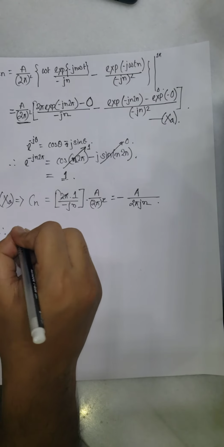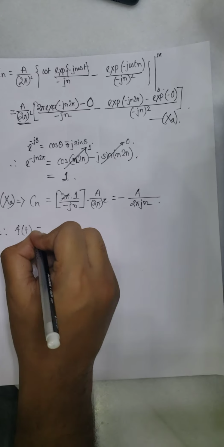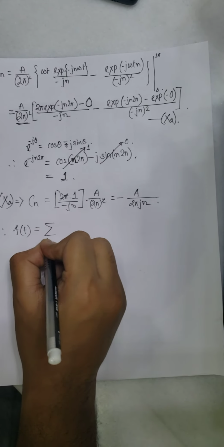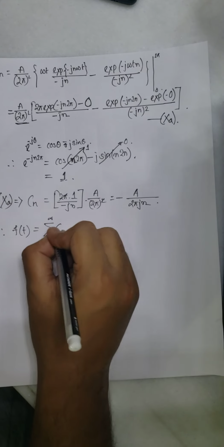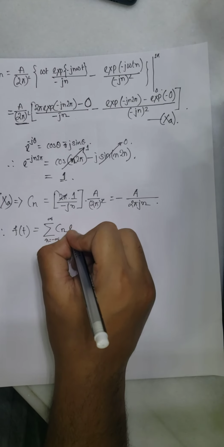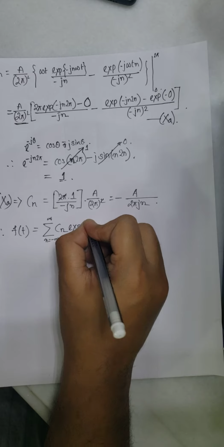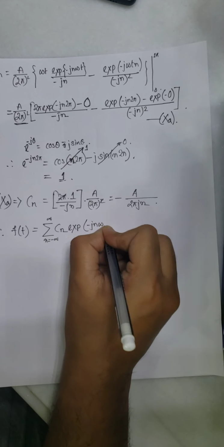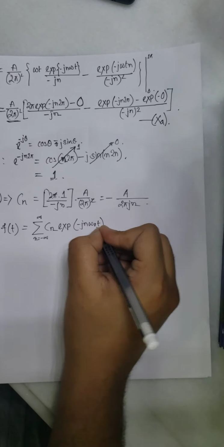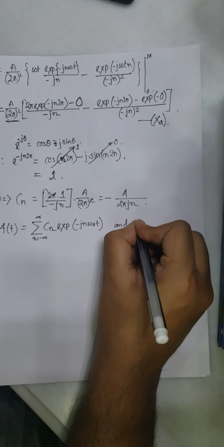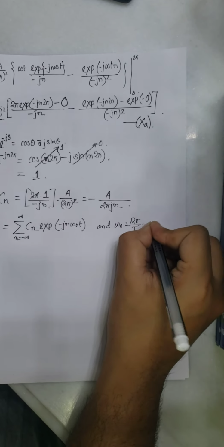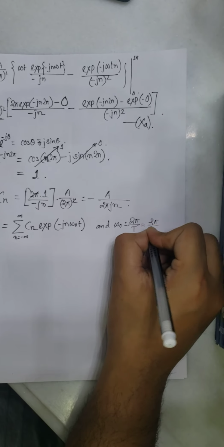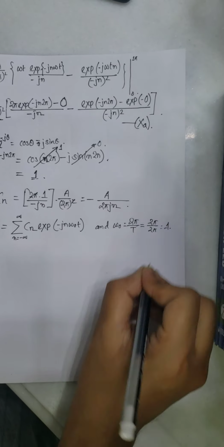So f of t can be written as a running sum with n going from minus infinity to infinity, Cn being the Fourier coefficient, e to the power j n omega naught t, and omega naught equals 2 pi over T, here T being 2 pi itself, so 2 pi over 2 pi equals 1.